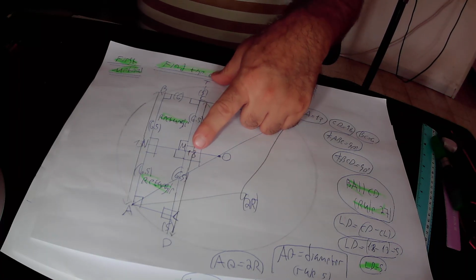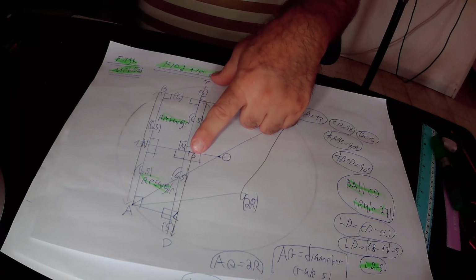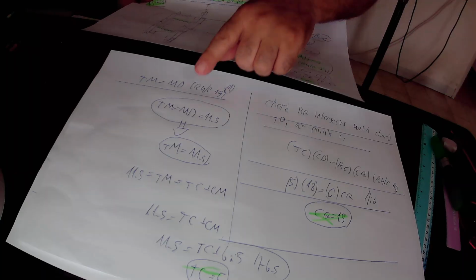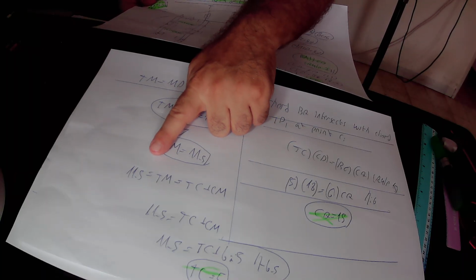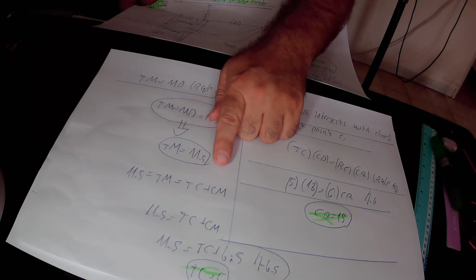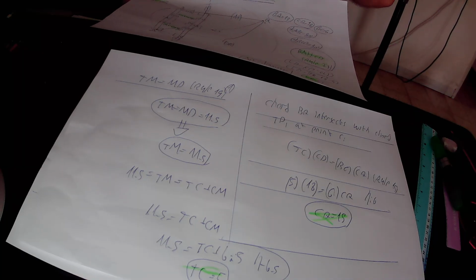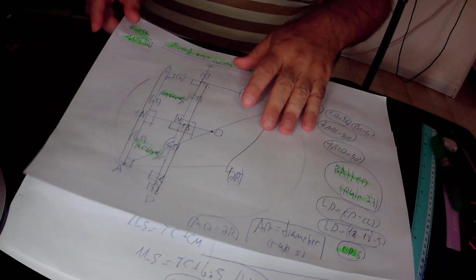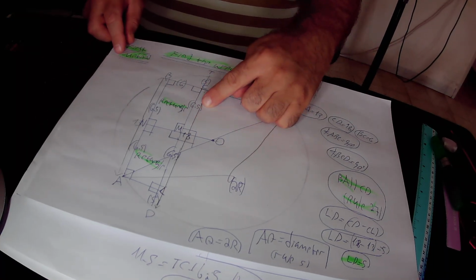But TM from one side is equal to 11.5, but from the other side it also equals TC plus CM. So TM equals TC, the missing side, plus CM. CM equals 6.5 units in length.